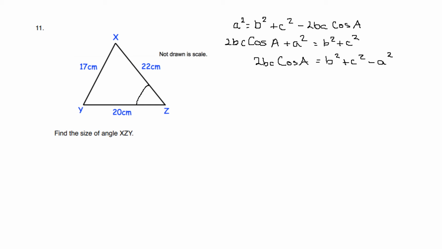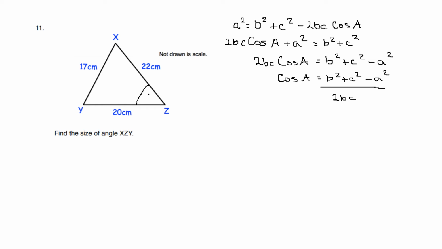Then finally I'm going to divide by 2bc. So I will get cos a equals b squared plus c squared minus a squared all over 2bc.